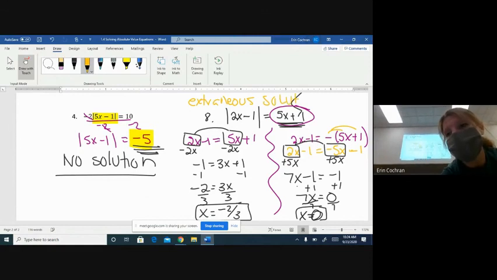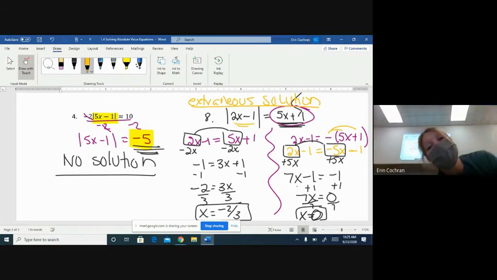An extraneous solution means when you solve it out, it looks like an answer. But when I plug it in, it actually doesn't work. Okay? And the reason being is because think about this. If I take the absolute value of any number, it's supposed to be what? Positive. Sometimes when I plug a number in, I might end up on this side as a negative number. Would that ever work? No.